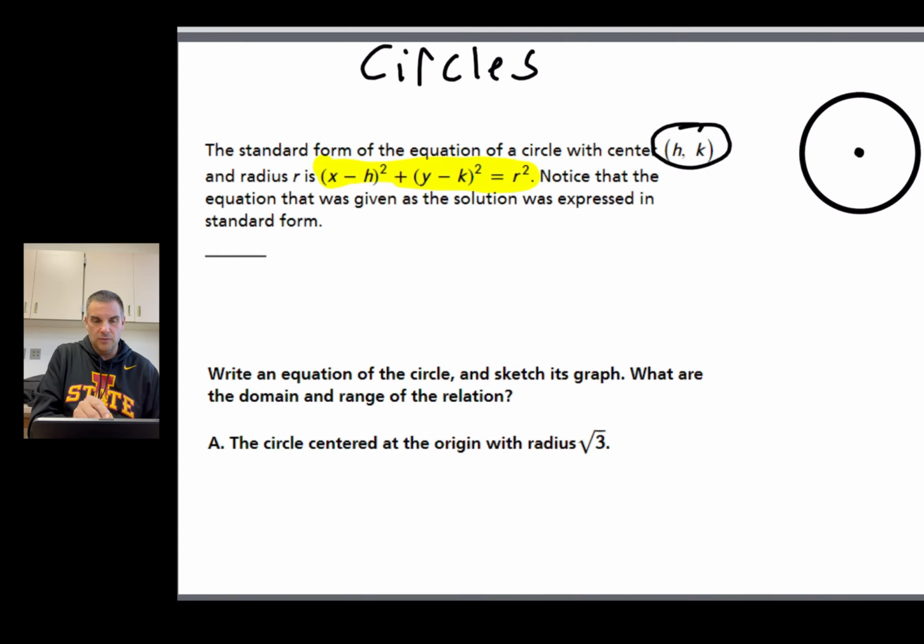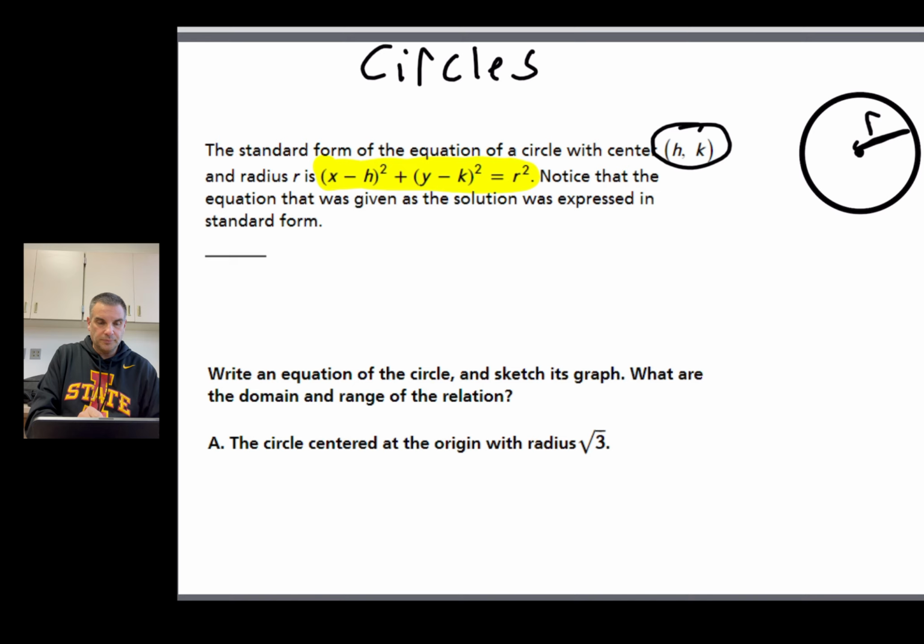This is our standard form for a circle. Our center is that h and k value, and the r is obviously the radius of the circle. So as long as we know the center, or can find it, and we know the radius or can find the radius, we can write the equation of the circle.